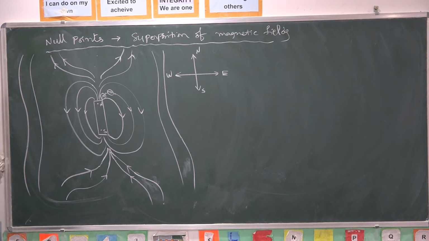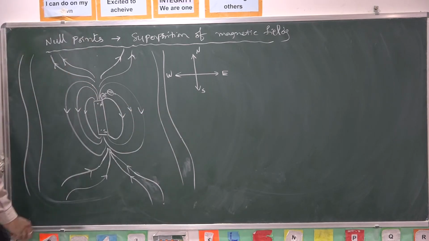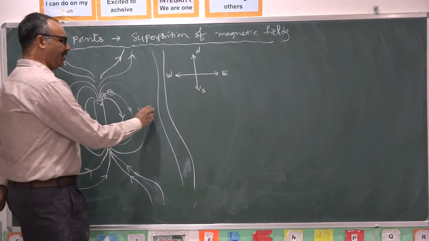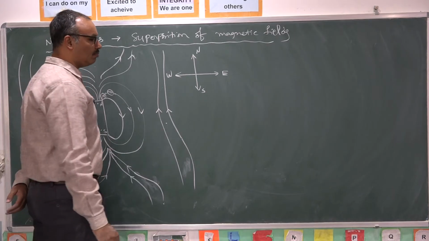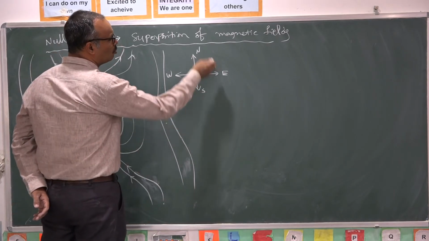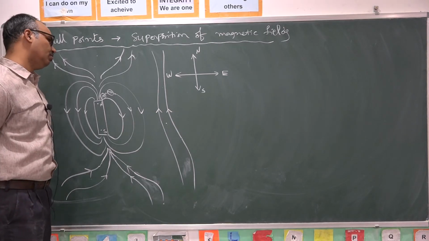Here, if you observe these two lines of force, they are in south to north direction because of the earth magnetic field. Earth magnetic lines of force are going from geographic south pole to geographic north pole, since the geomagnetic north pole is nearer to the geographic south pole, and the geomagnetic south pole is nearer to the north pole.